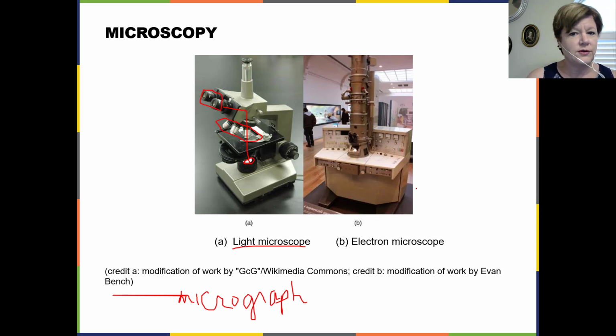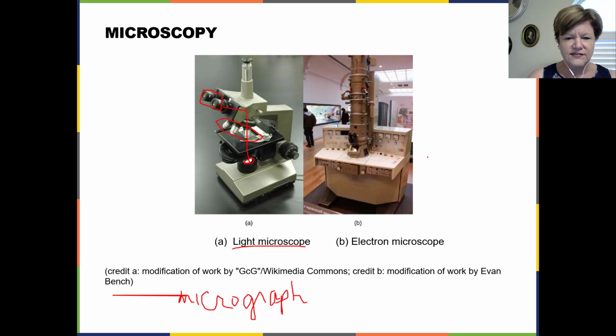An electron microscope is hundreds of thousands of dollars. So this is not something that you typically have in a student lab. In fact, we do have one on campus at Richland, but if you go to UT Southwestern, they have them, but not very many because it's such an expensive tool.